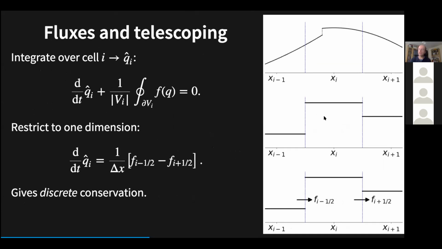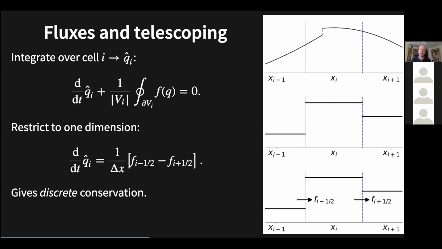Because we're storing the integral average within each cell, the total integral over the entire domain is given by the sum of all of those cell integral averages, the sum of the Q hats. Now, when we update from one time step to the next, we're updating it by using the intercell fluxes.